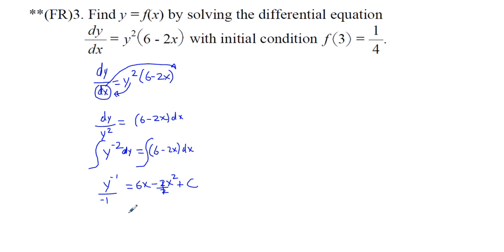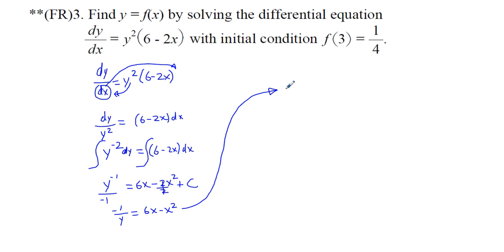So what we're going to have here is negative 1 over y is equal to 6x minus x squared, and we also have our c over here. Must not forget that.